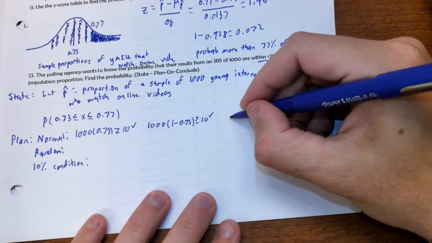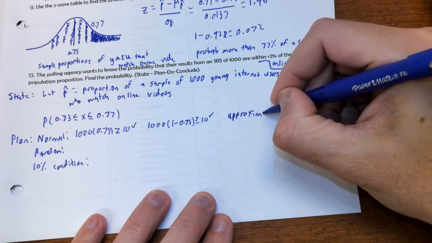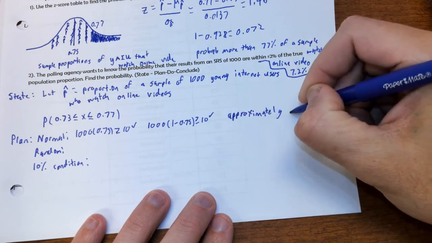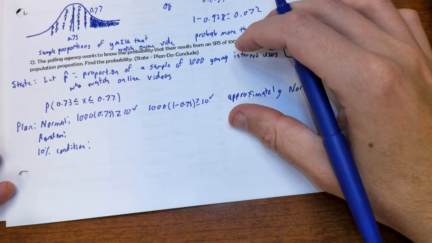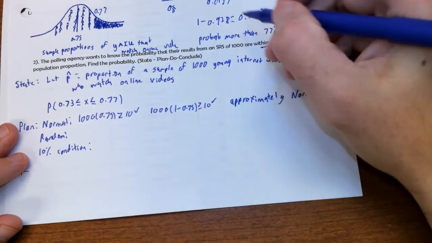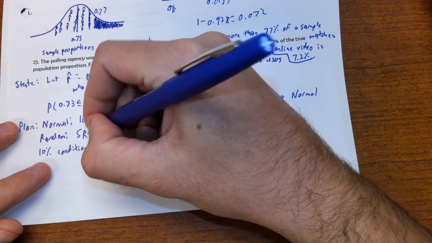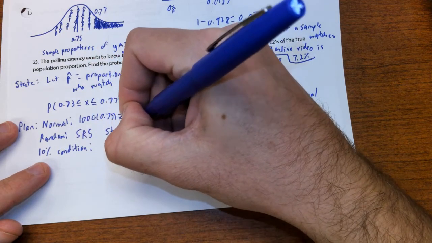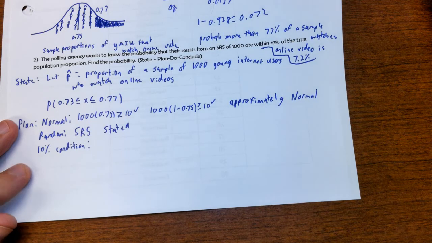We know we have an approximately normal curve. Have we taken an SRS, or a random sample? Well, yeah, it says that we took an SRS. And the last thing is, have we met the 10% condition?